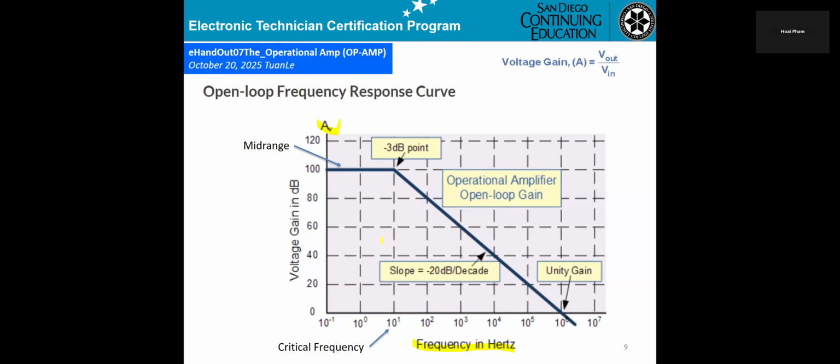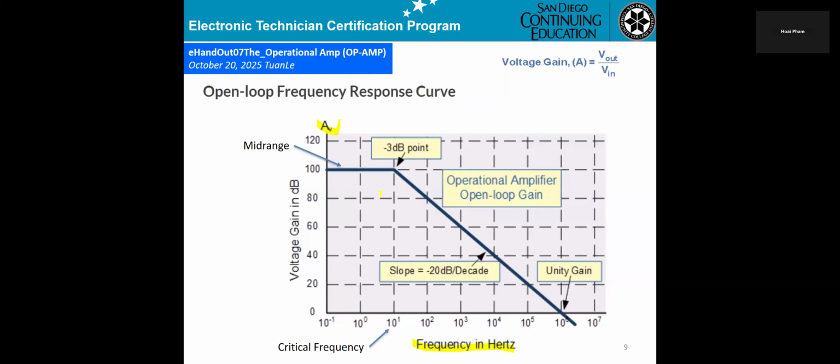Okay? And now, at a certain point here, go to the frequency 10 power of 1, that means 10 hertz, and the gain will be going down. At the 3 dB point, that's the critical frequency, it goes down 3 dB.